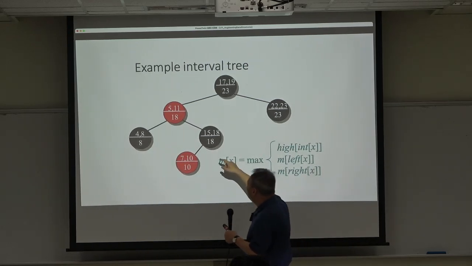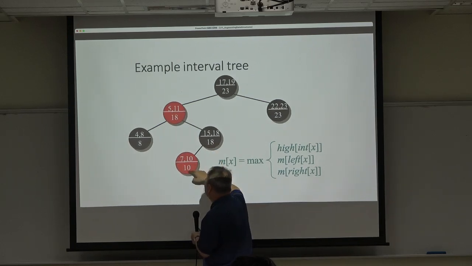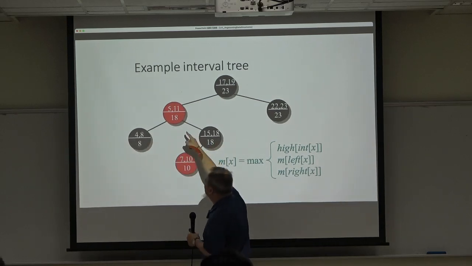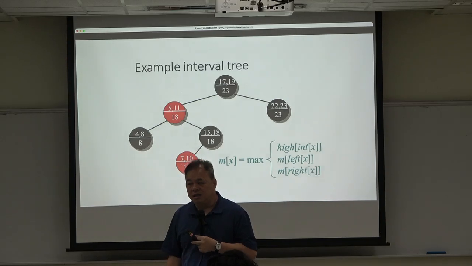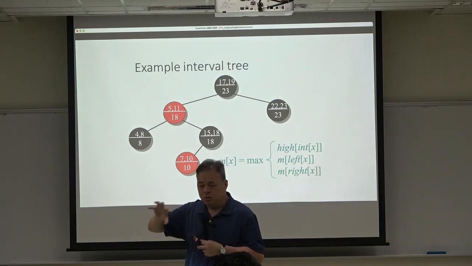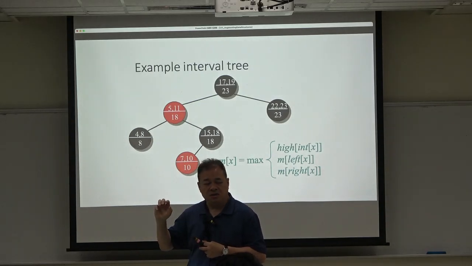For example, for this one, my right endpoint is 18, and my left child's m is 10. The larger one among these two is 18. So here it's 11, 8, and 18. The 18 is the largest one, so it's 18 there. So this can be decided by this node and its two children. You don't need to go any further to determine this information.